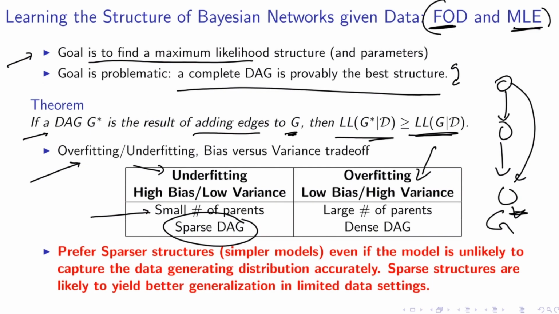If I have a Bayesian network in which each variable has a large number of parents, or I should say maybe some variables have a large number of parents, then that Bayesian network will yield a dense directed acyclic graph. And such Bayesian networks will overfit the data.